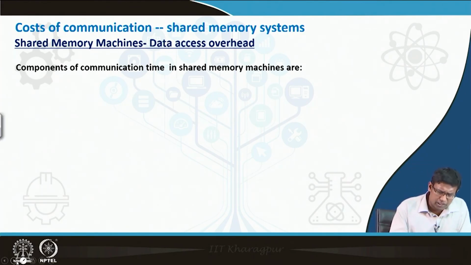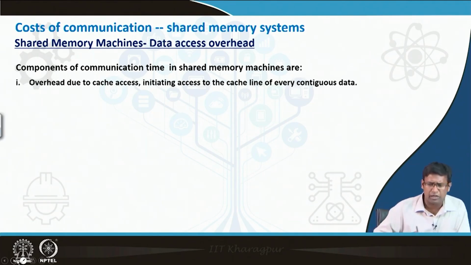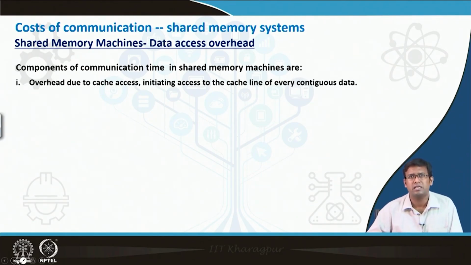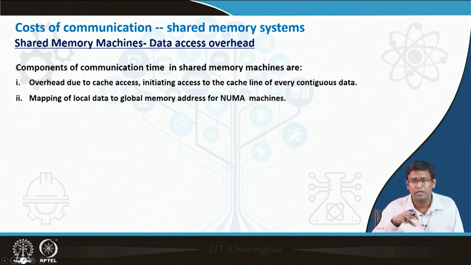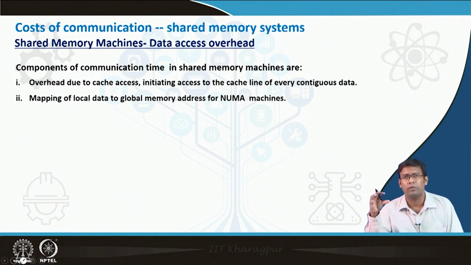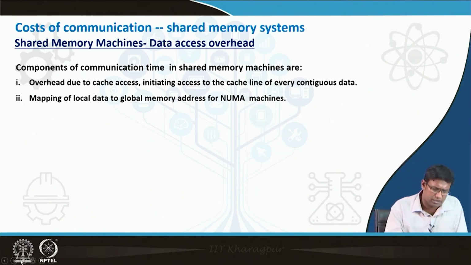So this communication time can be broken down as overhead due to cache access, initiating access to the cache line of every contiguous data, and mapping of local data to global address for NUMA machines, where it is local data for each processor but they map to a global address.